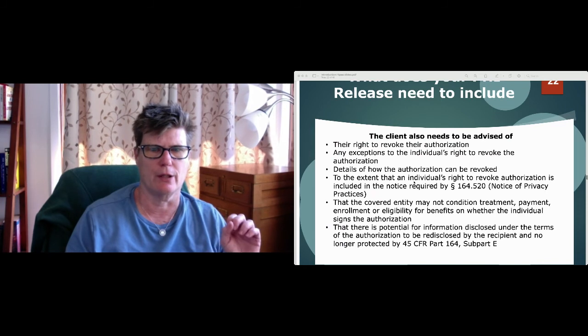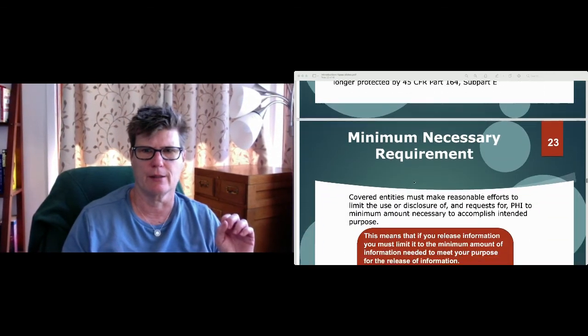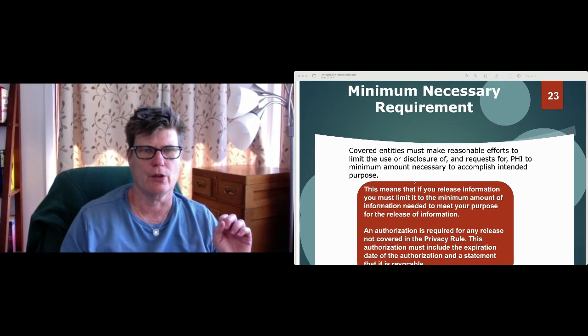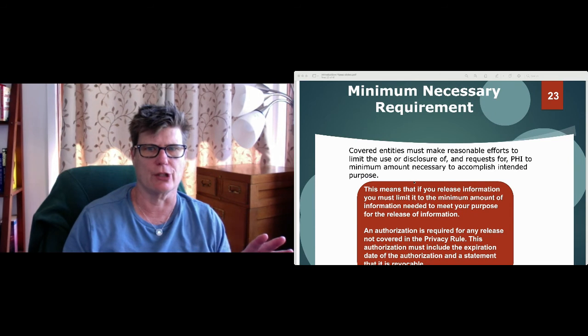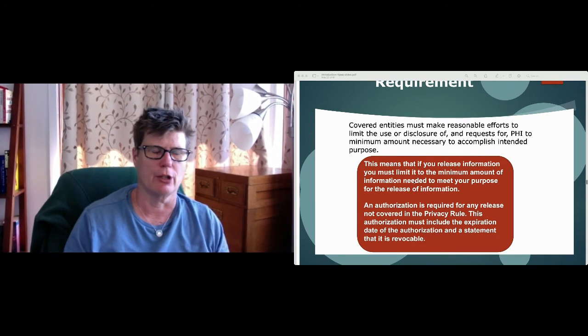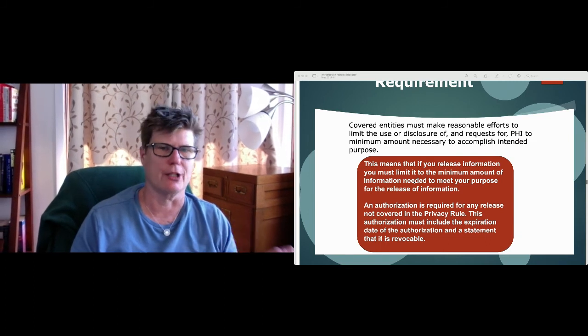So this is all information you need for your PHI release. There is a minimum necessity requirement so that when we are releasing information, we must make reasonable efforts to limit the use or disclosure of it. So if you're requested for information, you are required to give out the minimum necessary to meet the goal.